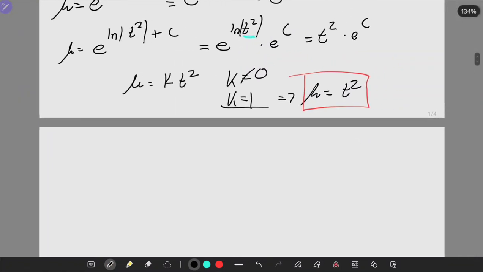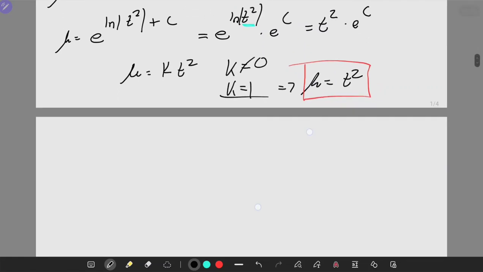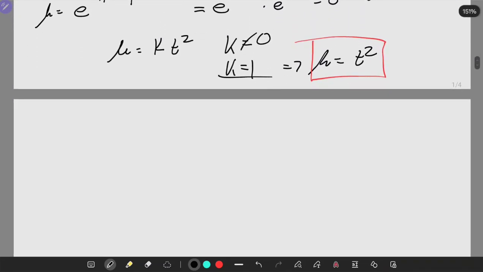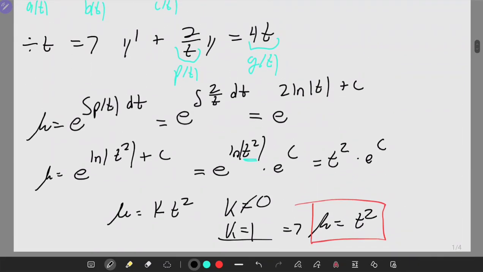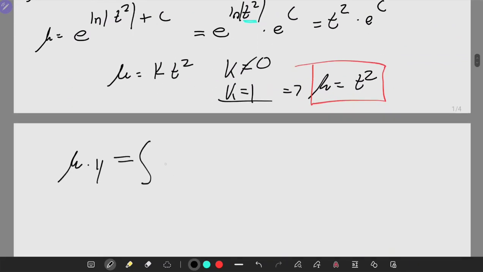Now, for integrating factors, there's a long, convoluted process to solve them, but there's also a shortcut. This shortcut tells us that we can multiply mu by y and set it equal to the integral of g of t from our standard form, so 4t.